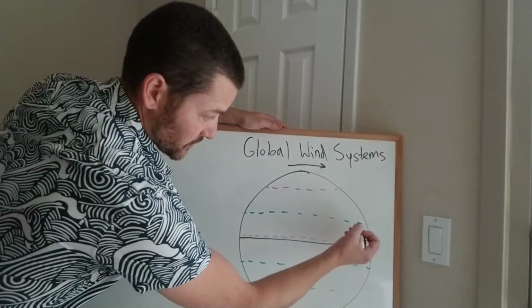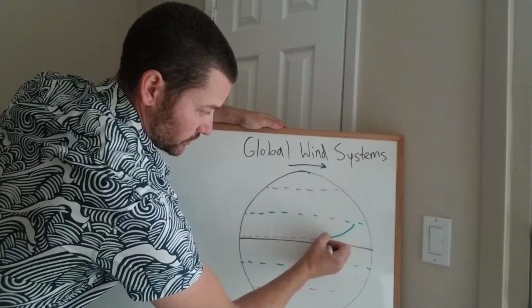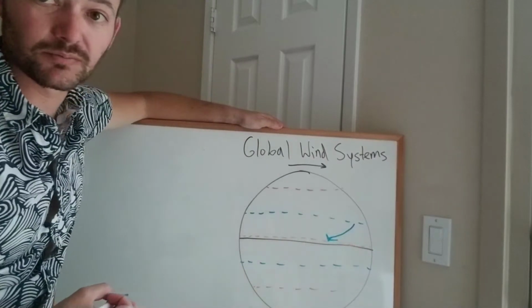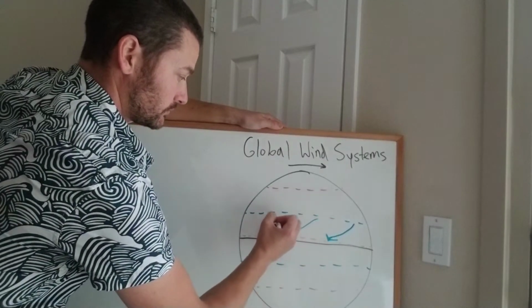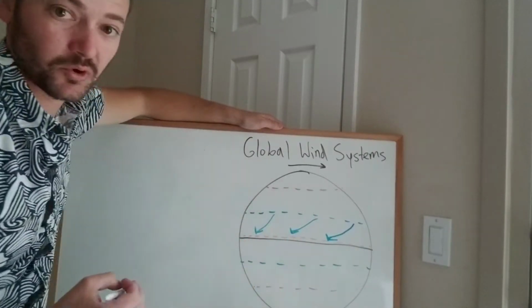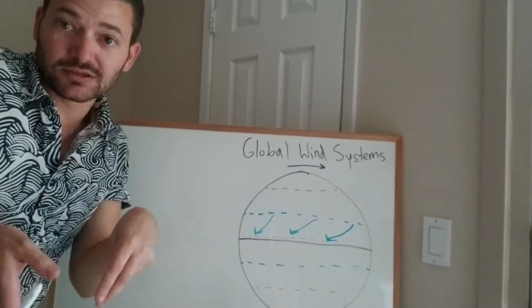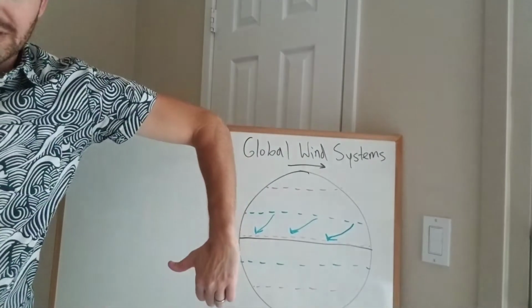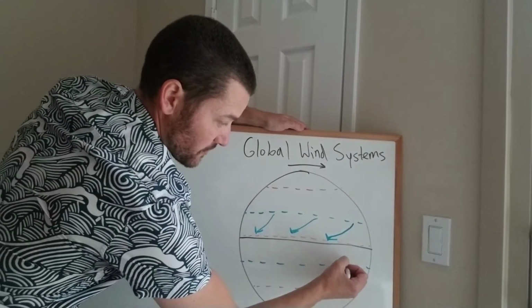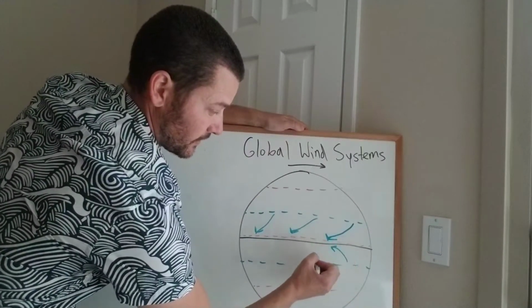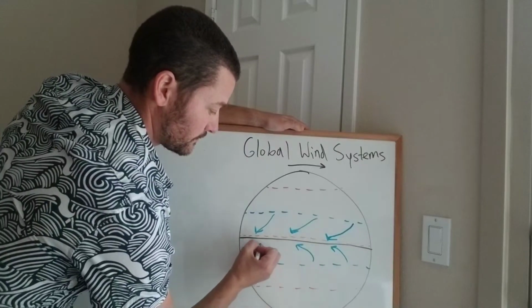So again, these are going to go from the subtropical high down to the equatorial low. So they're going from high pressure to low pressure, and they're being deflected to the right in the northern hemisphere. In the southern hemisphere, same thing, they're deflected to the left, and they go from high to low pressure.